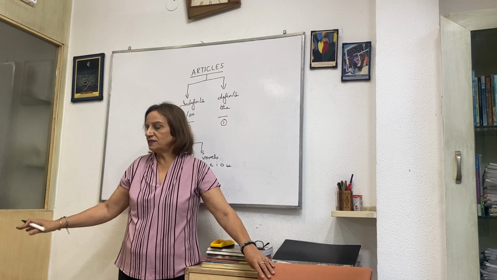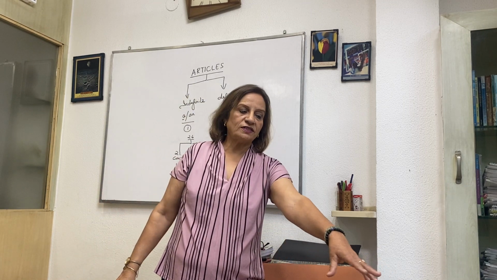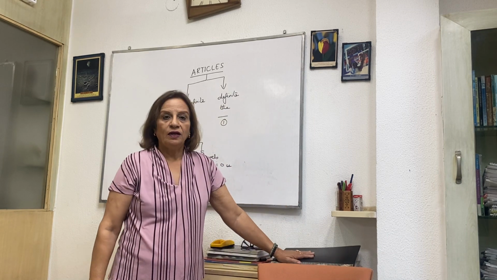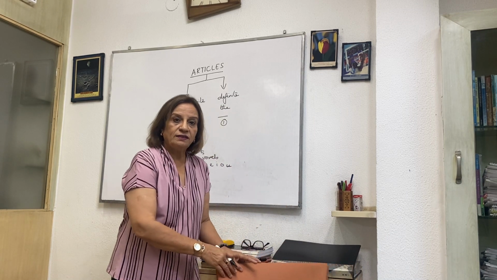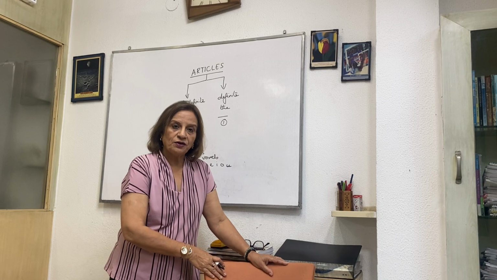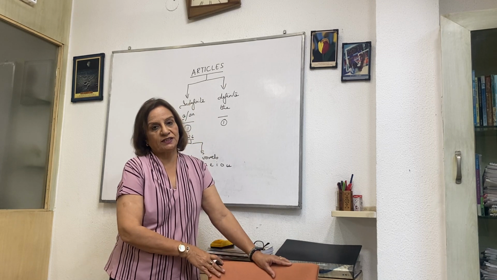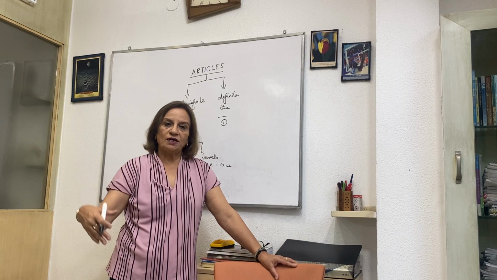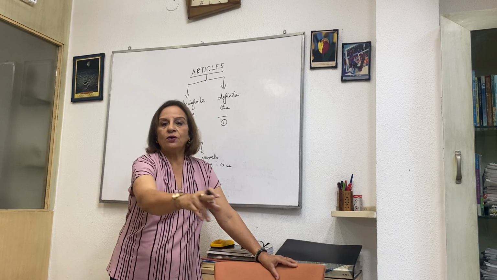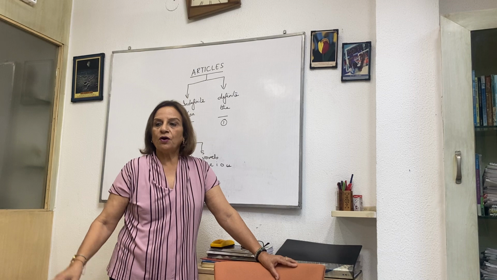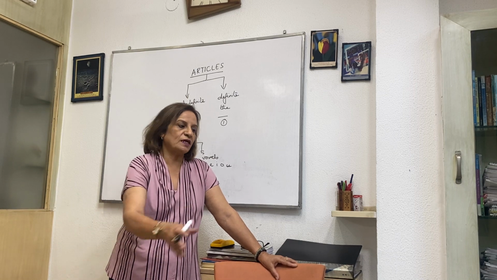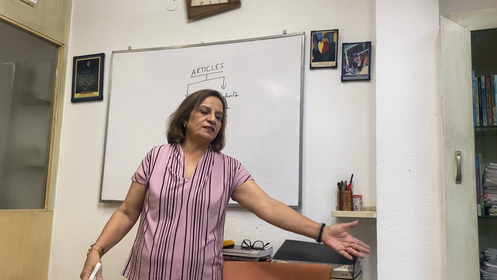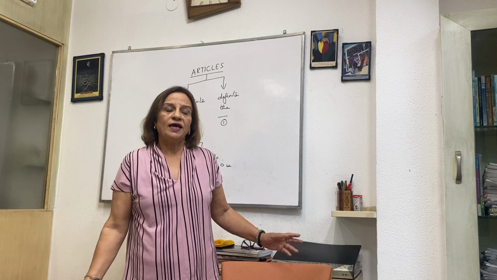Suppose I say this is a chair, this is a chair, this is a chair, this is a file. But this is the chair on which a teacher sits. Teacher can be me, maybe some other teacher comes. So these are all common. They are indefinite. Students come, when a student comes, he sits here, he sits there, she sits there, anywhere.